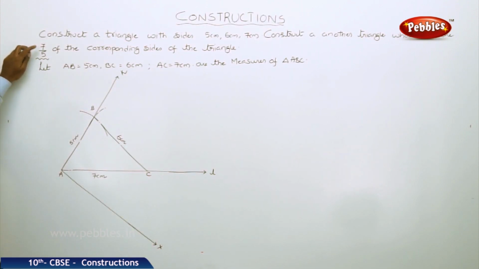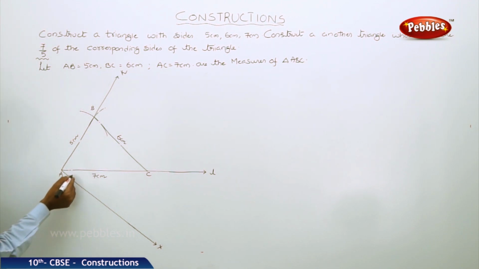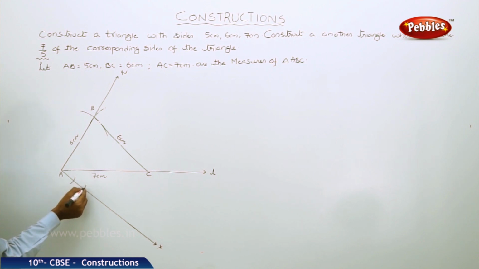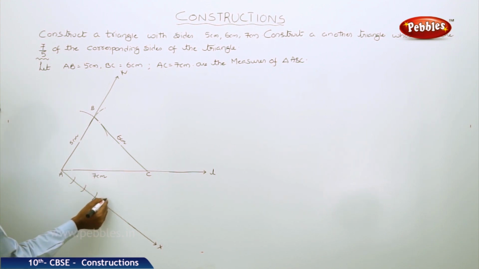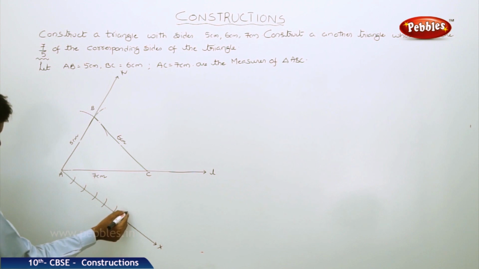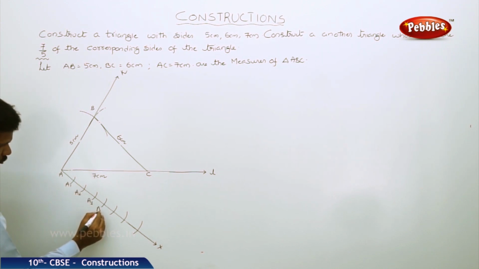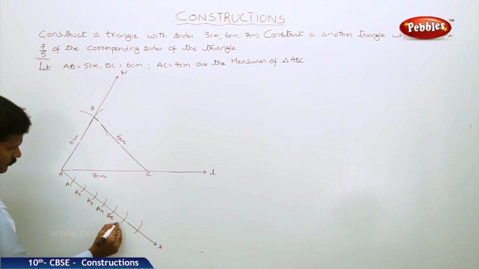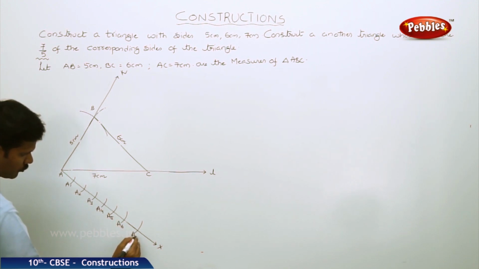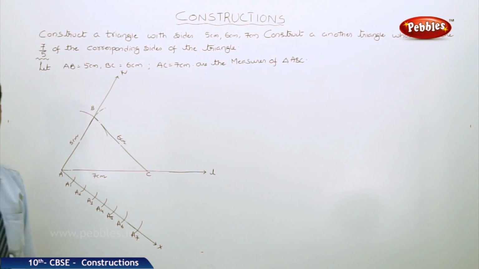And in 7 and 5 in the fraction, 7 is the majority part, that's why I divide into 7 equal parts: 1, 2, 3, 4, 5, 6, 7. A1, A2, A3, A4, A5, A6, A7. And the minor part is 5.